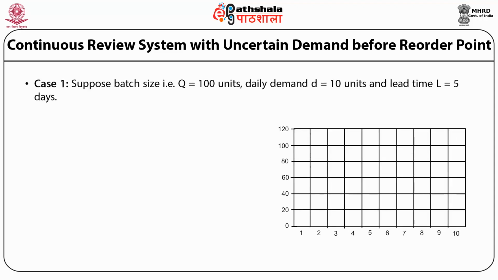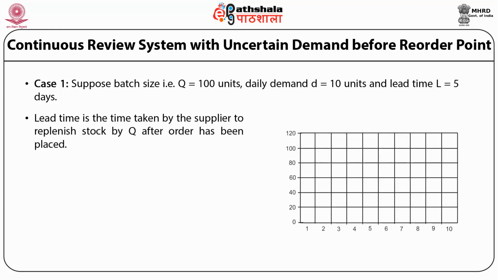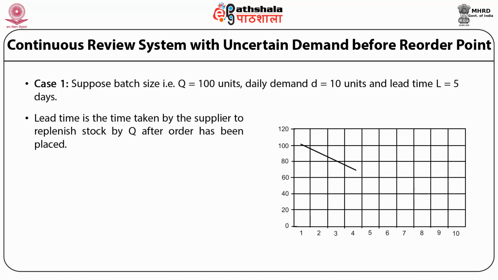Case 1. Suppose batch size Q equals 100 units, daily demand D equals 10 units, and lead time L equals 5 days. Lead time is the time taken by the supplier to replenish stock by Q after the order has been placed.